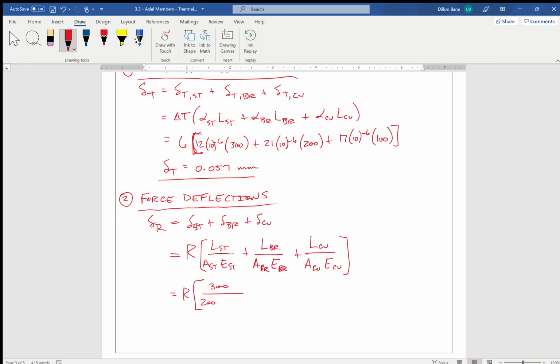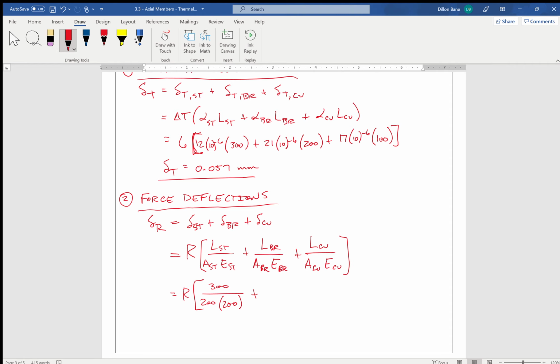And the modulus of elasticity is 200 gigapascals, which is 200 times 10 to the 9th. But since I'm already working in millimeters, what we can do is just say that E is equal to 200, and by doing so, our reaction will come out in kilonewtons instead of newtons as the base units.